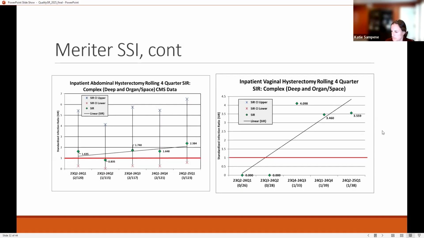So there's only one infection, but that's all it takes to make you bump. It's because of the numbers that they're comparing here. Over on the abdominal hysterectomy side, there's 123, so you can tolerate more infections, if that makes sense. They do control for complexity, patient morbidities, et cetera, for this.